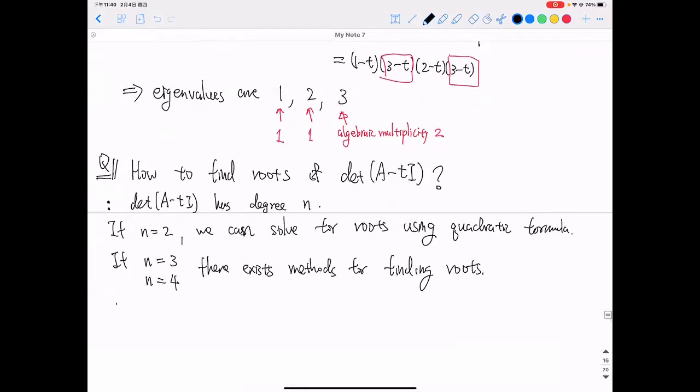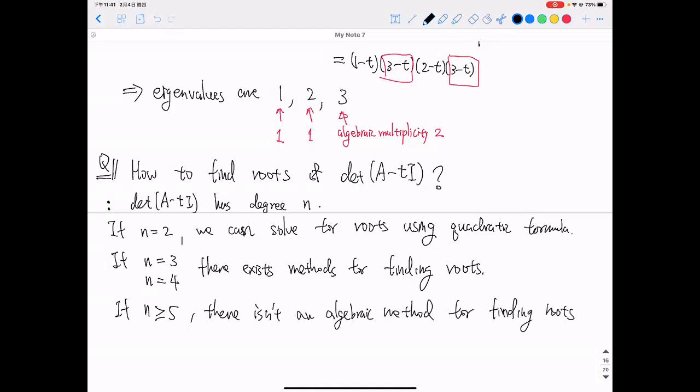Okay, but unfortunately, if n is bigger than or equal to 5, there isn't an algebraic method for finding roots in general. Okay, the word here is in general.